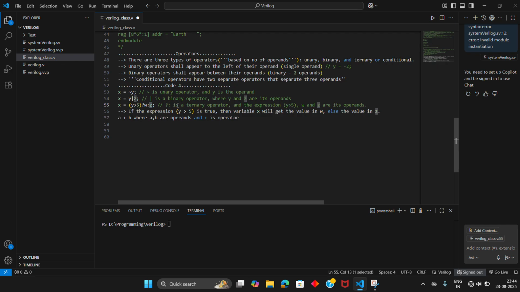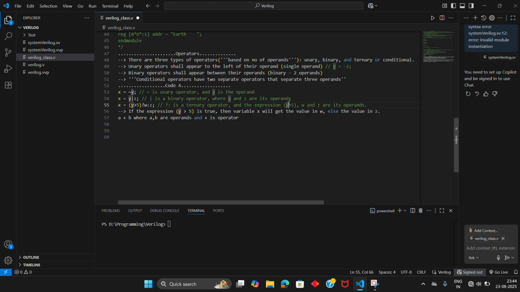That's the operation of the ternary or conditional operator. The expression is y greater than 5; w and z are operands, and y is also an operand. Even though y is included in an expression, y is also said to be an operand. So we have three operands.